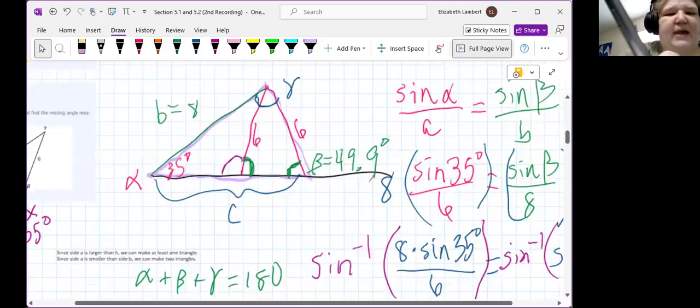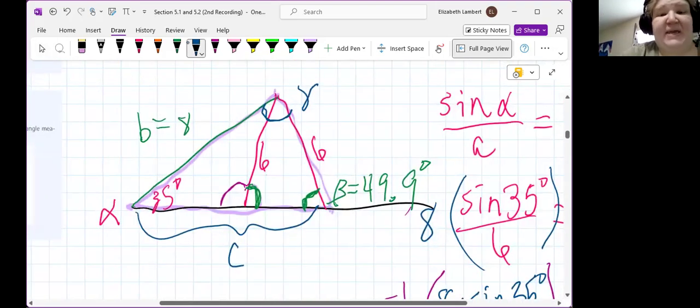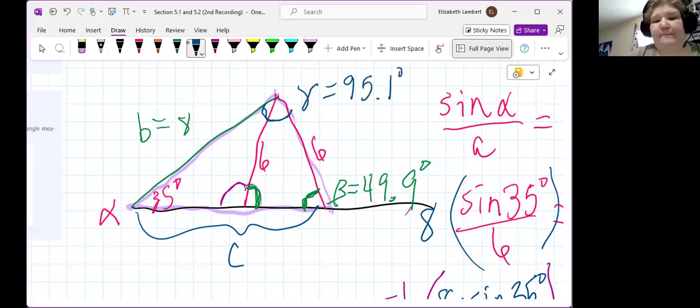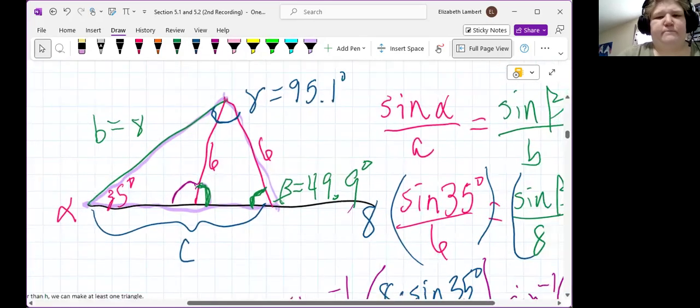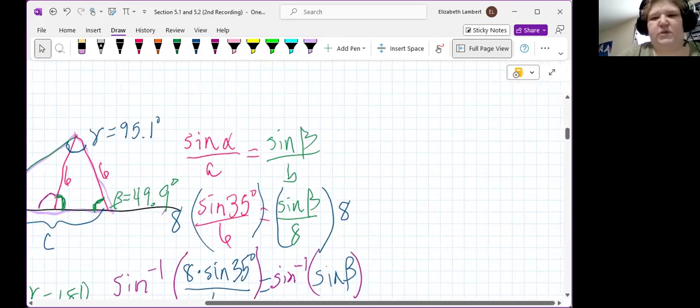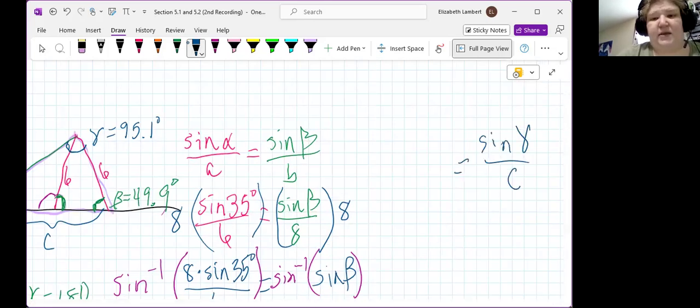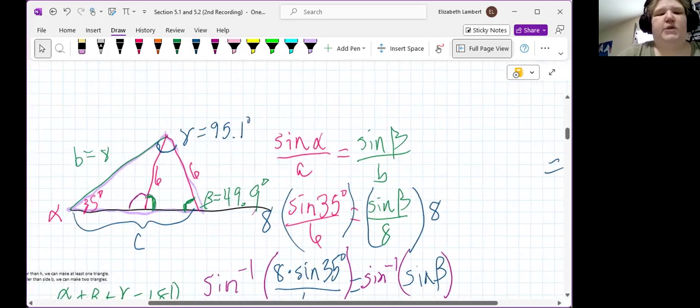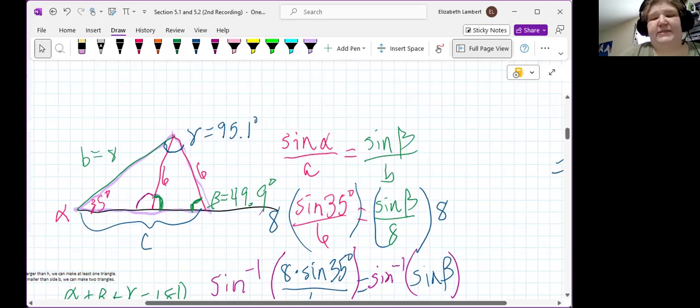All right, so bring it back up here. That big angle is 95.1 degrees. I can use that now with my law of sines to find the big side, side C. So in my law of sines, I'm going to have sine of gamma and C, because I'm solving for C. I can either put my alphas or my betas.